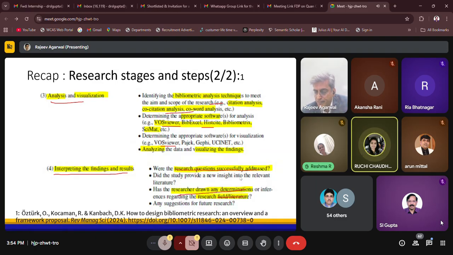Sir, as you told, we are using databases like Scopus and Web of Science, right? There are other databases like PubMed and Dimensions that I have seen in most of the papers. How authentic are they? Can we use them for our bibliometric analysis? If you can, then obviously you should use them. But since Web of Science and Scopus largely represent the research, these two suffice.